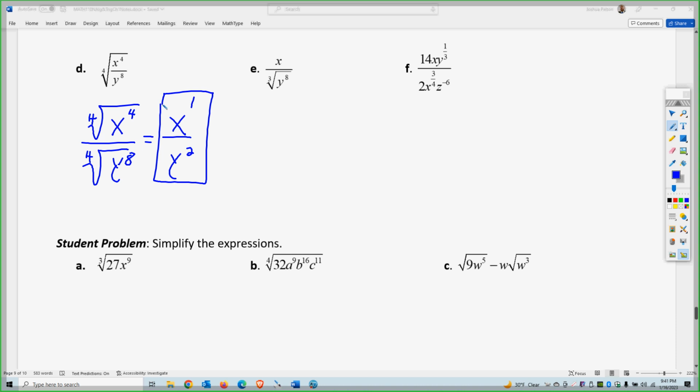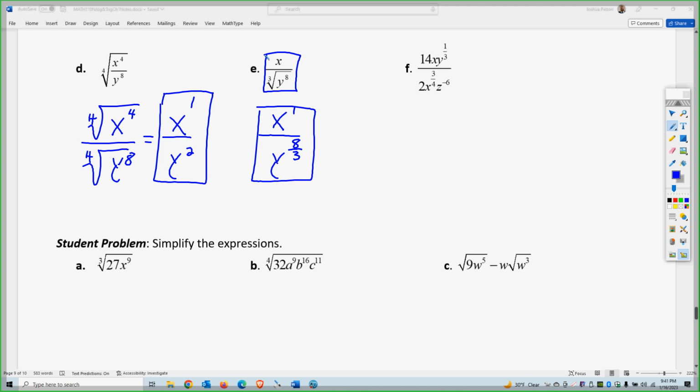So if we look at this one, what can we possibly do? Reality is nothing. As we rewrite this, this is x over y to the 8 thirds. There's not much you can do there, because there's nothing in common on the top nor the bottom. You're just changing from radical notation to exponent notation, so either one is fine.